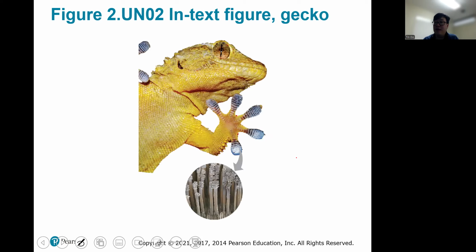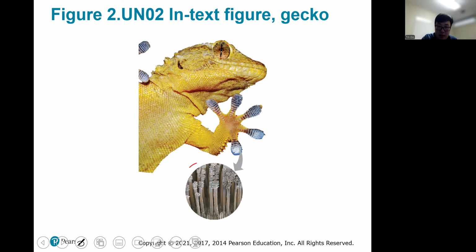Okay. So think of a gecko's foot. Now, for us as human beings, we don't have the ability to climb up walls by just sticking to them. We're not Spider-Man, right? We can't just stick to a wall and climb up. Geckos have a very unique, how do I put it, adaptation on their feet that has these tiny little suction cups.